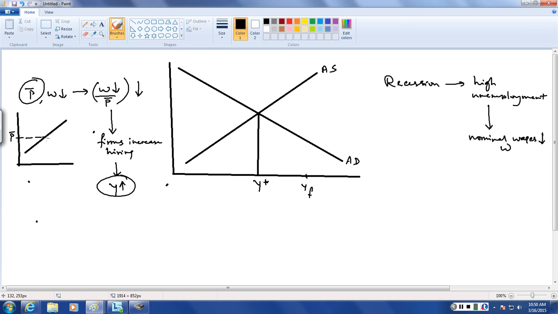And firms used to produce output Y1, but now they are producing output Y2. Same price level, firms have increased their output. Why? Because the nominal wage has dropped. Now this point here doesn't lie in space. Am I correct? Where does it lie? It lies on a whole new supply curve. So what am I saying here then? Essentially what I'm saying is that when the nominal wage drops, the AS curve shifts right, or rightwards.